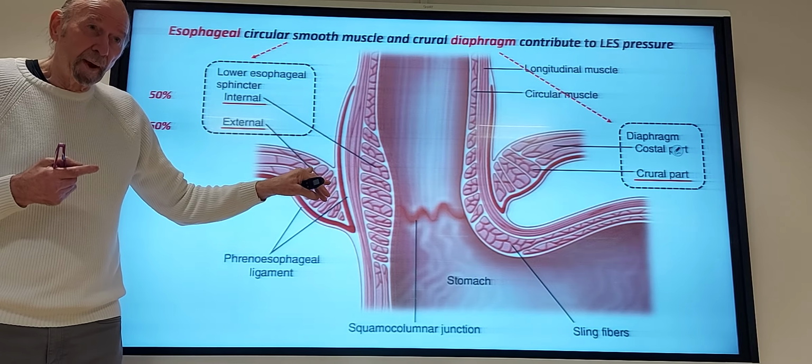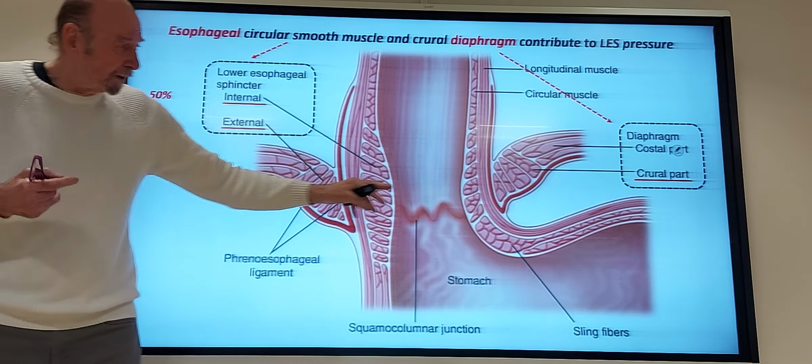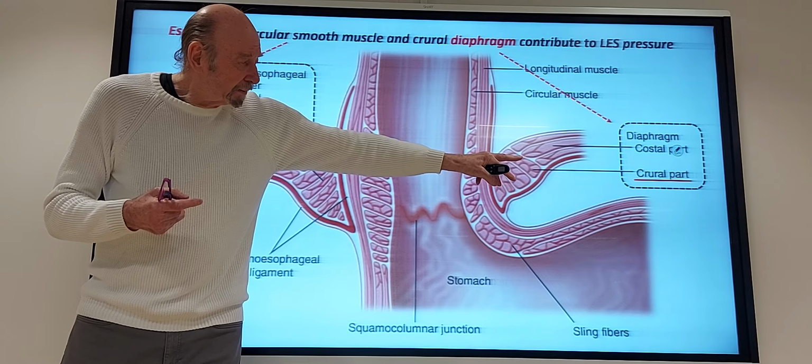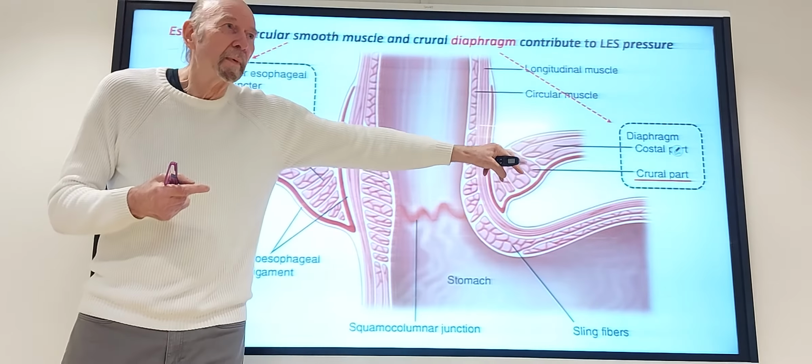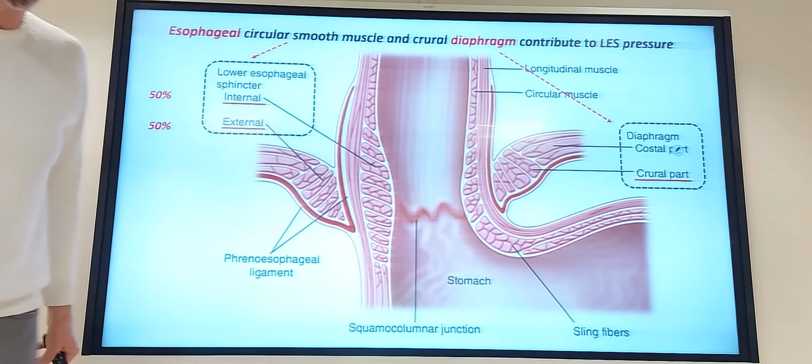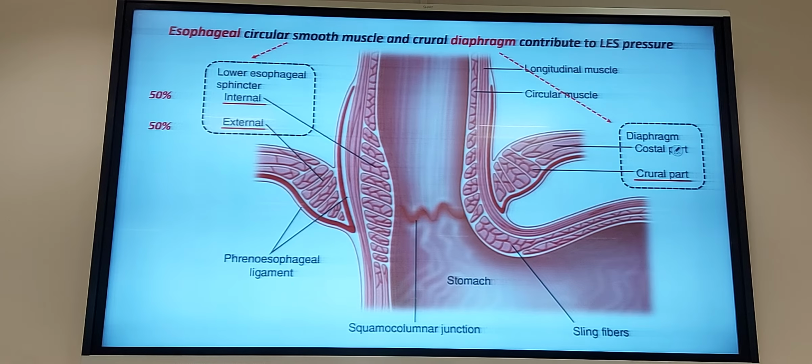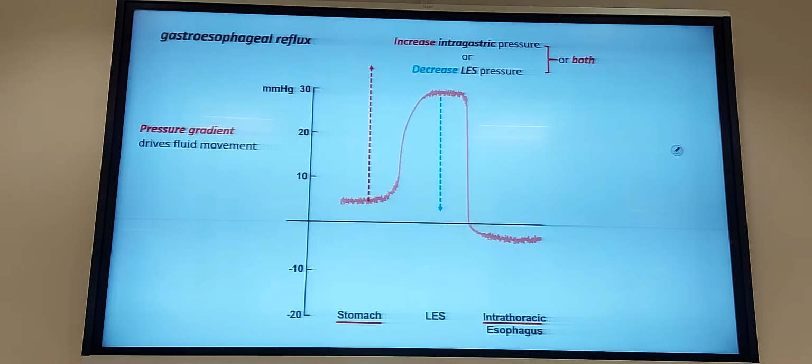The other 50% of the pressure is going to be generated by this, crural? That part of the diaphragm? How can anybody pronounce this? You guys have to pronounce it. Crural diaphragm. So 50-50, diaphragm and esophageal muscle. They're called lower esophageal sphincter, but obviously one's a diaphragm and one's esophageal.